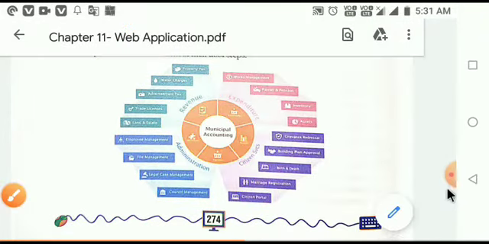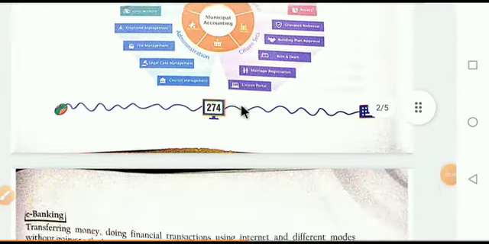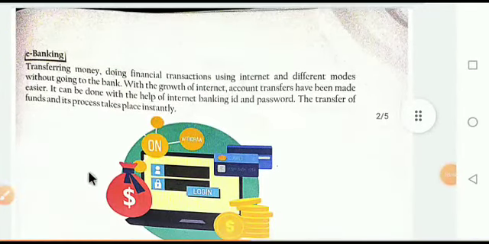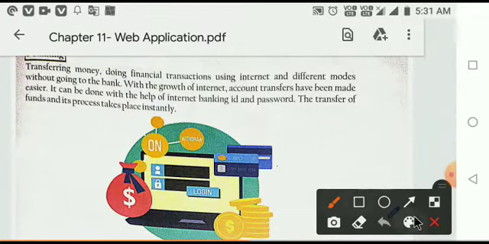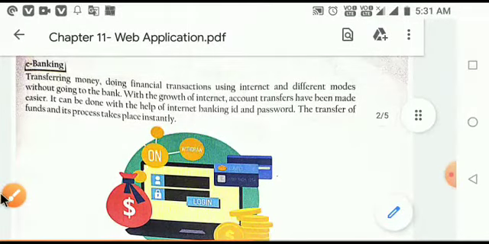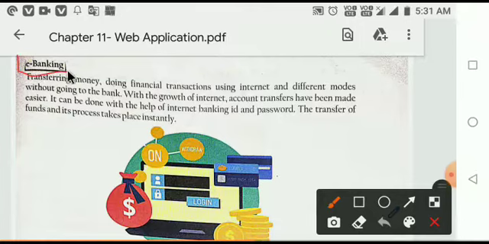E-government. Now we move to the next topic, which is e-banking. The abbreviation is from electronic banking.